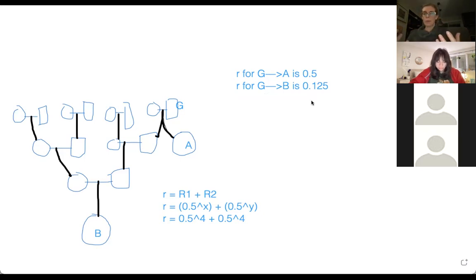All else being equal, we look at that inequality of relatedness times benefit versus cost. If we ignore the benefit and cost because those things are equal, the total benefit is the little b times relatedness. And so anything that G could do, it's going to be more beneficial to do it for A than it will be for B, all else being equal.